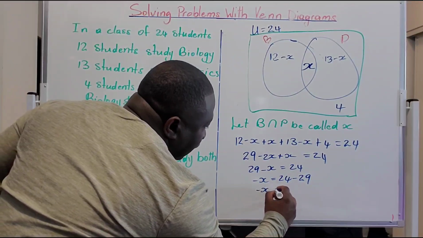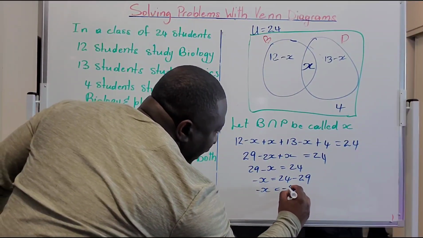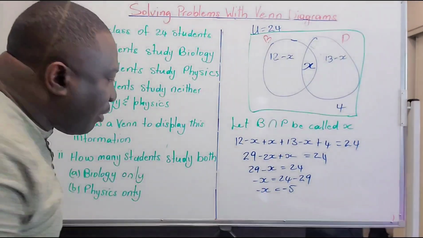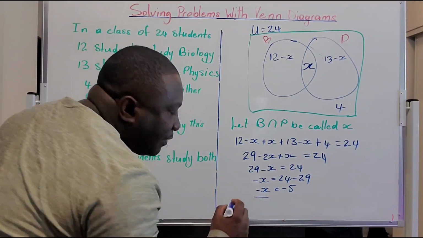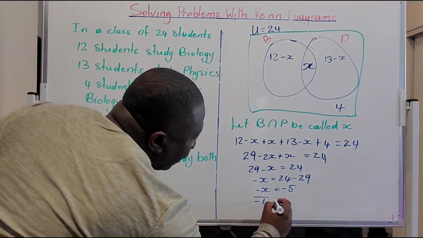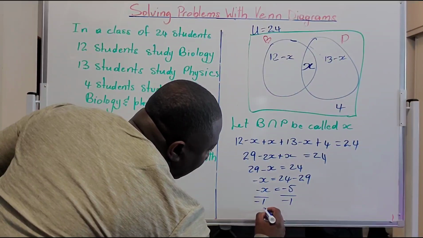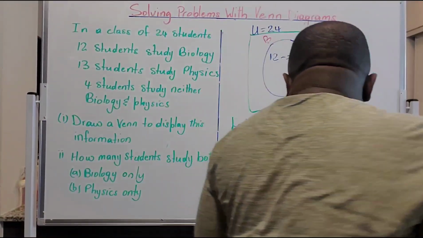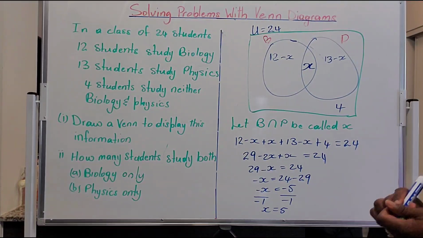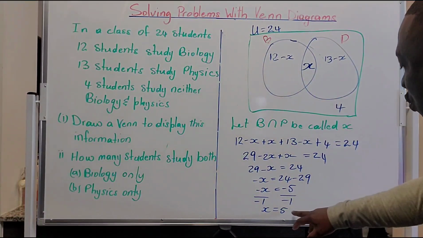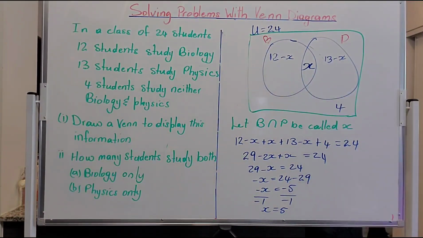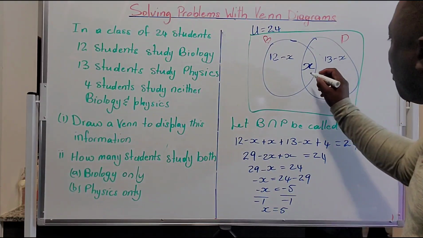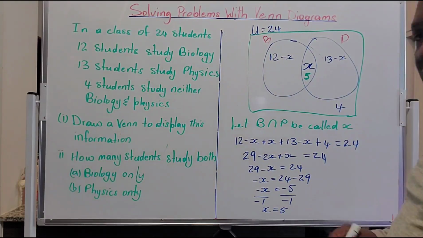Negative X is equal to negative 5. Want the value to be positive, divide both sides by the coefficient, which is negative 1. Therefore, guys, we know that X is 5. So we can safely say that there are 5 students who are studying both subjects. So if we want an indicator of 5 here, that's cool.